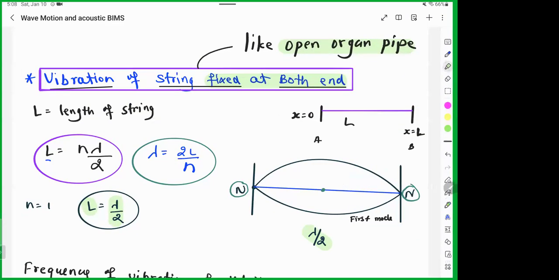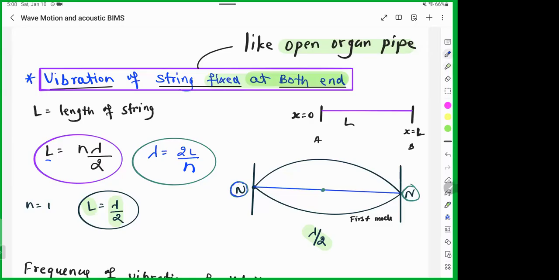Good. Okay. If you understood this well, trust me, 90% job is done, 90% of the organ pipe. Why? Because the first situation is when both ends are fixed, exactly like a guitar. If you take the complete length, then at the two ends you have node.